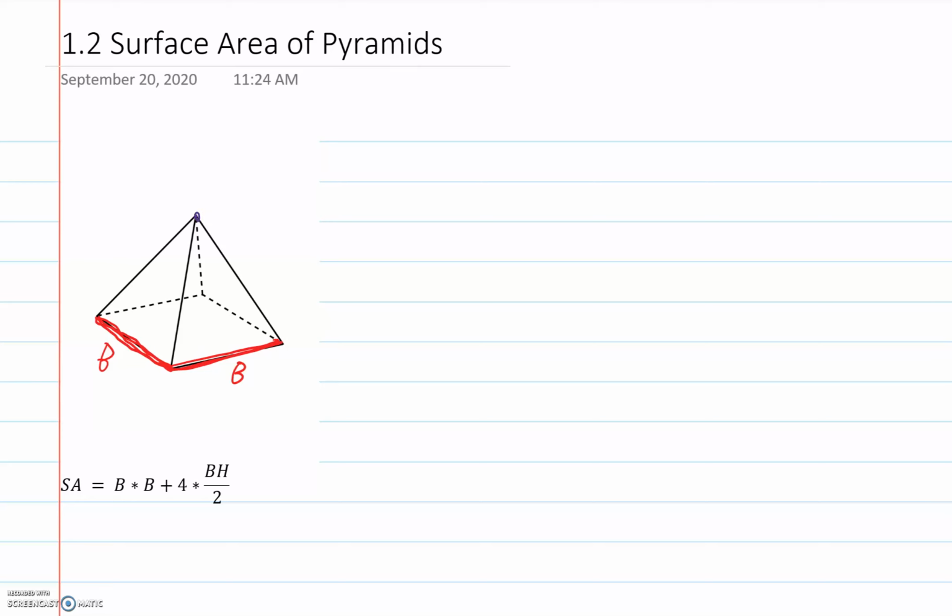The other thing that you might be given would be the slant height, which would be from the tip, the apex up here, all the way down to the center of one of the edges of the base. So we call that the slant height, or we'll just put an H there.